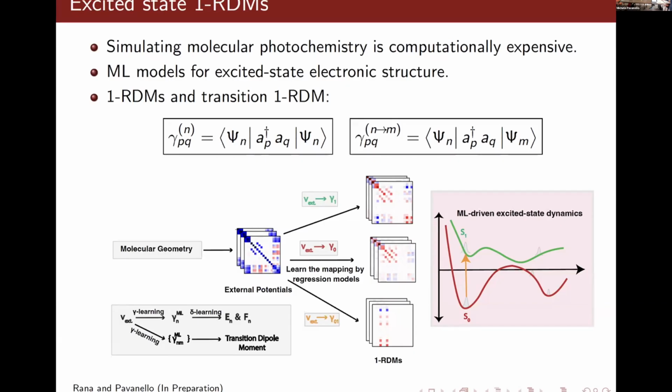But if you want to compute the energy and forces from this 1 RDM, you need to build a secondary learning step, because with the 1 RDM you cannot get to the energy and forces for most post Hartree-Fock methods. We call that delta learning. The final goal is to do ML-driven excited state dynamics. But right now, the results I will show you focus on the equilibrium regime of the ground state.